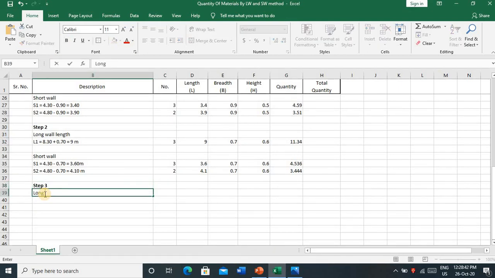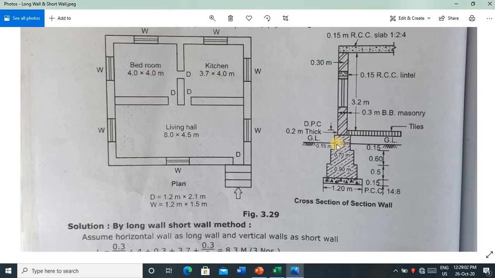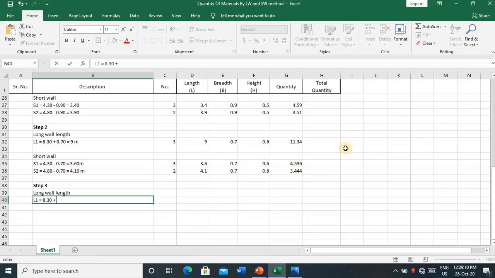So the long wall length L1 is 8.30 plus the width of the footing. The width of this third step is 0.50 given here. So 8.30 plus 0.50 comes to 8.80 meter.